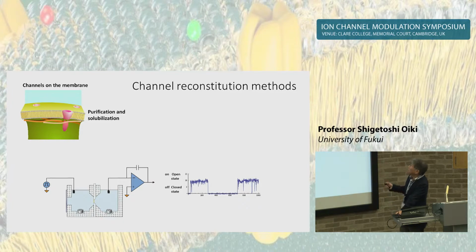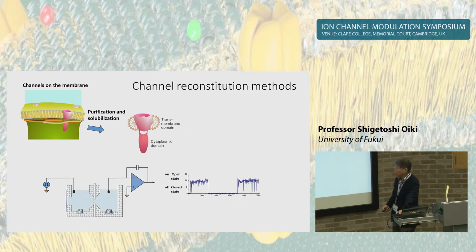As you know, we reconstitute the channel into the preformed bilayer. This is a classical chamber method, and we form the bilayer beforehand, and the purified channel is incorporated in the membrane.